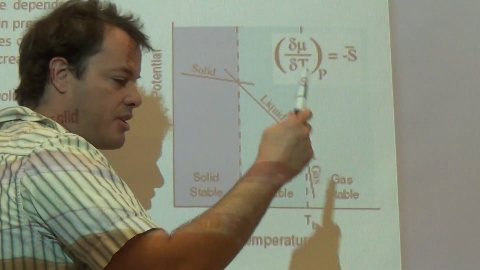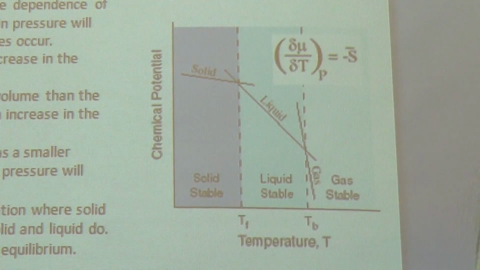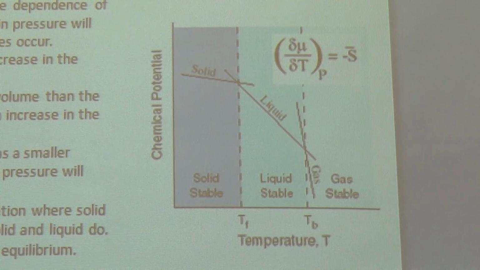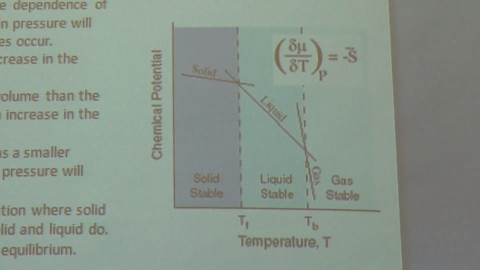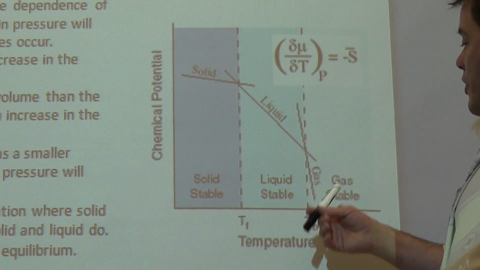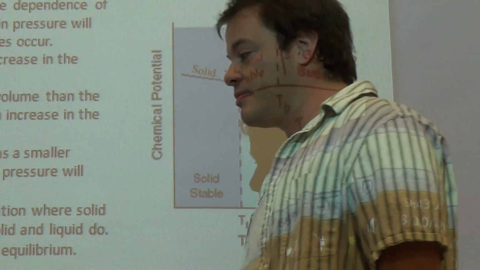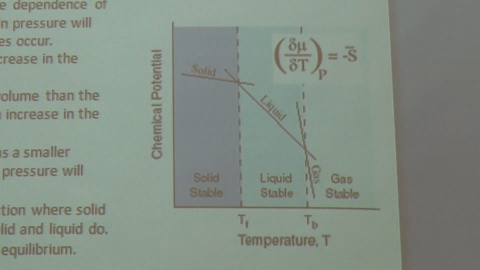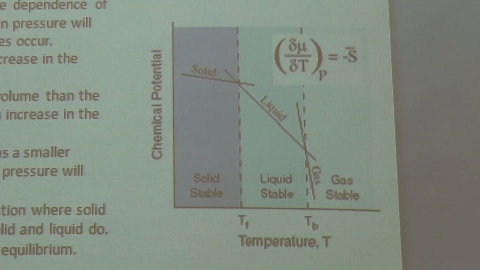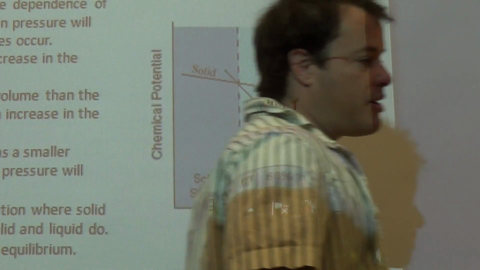Essentially what we're saying though is that as we increase the temperature, we end up favoring the phase with the largest amount of entropy, the largest amount of disorder. And as we lower the temperature, we end up favoring the phase with the most order, the least amount of disorder. We went from there.